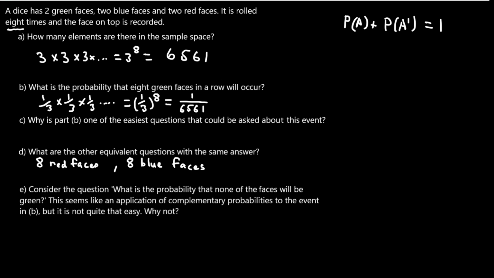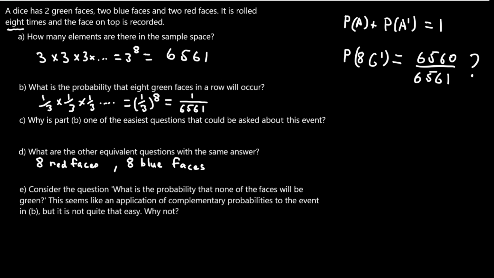So if we did treat question B like a complementary probability, the chance of none of the faces being green would just be the probability of 8 not green. Would that equal 6,560 over 6,561?